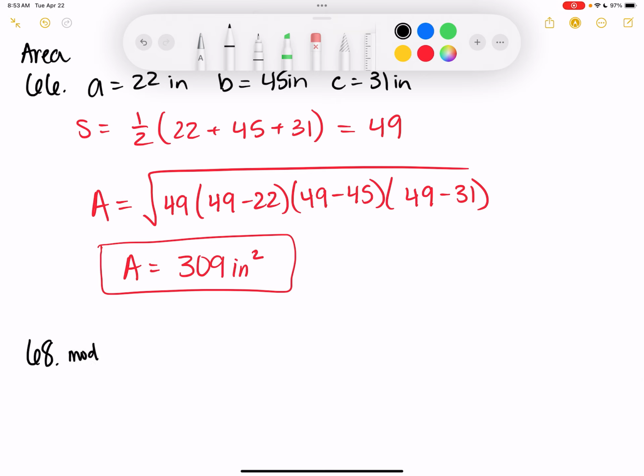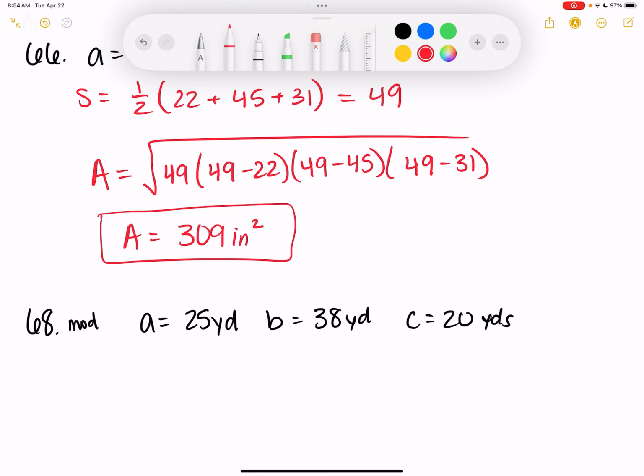So A is 25 yards, B is 38 yards, and C is 20 yards. So I'm going to do the same thing, find S, which is half of all the sides added together. So 25 plus 38 plus 20, of course half of that. So this ends up being 41.5, so this is one that ends up being a decimal.